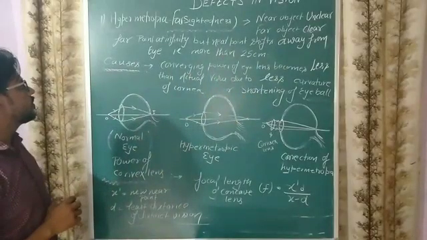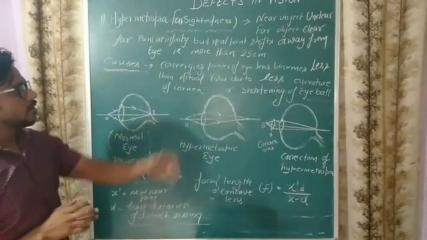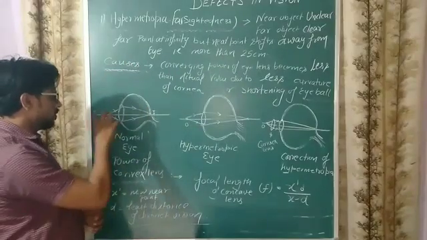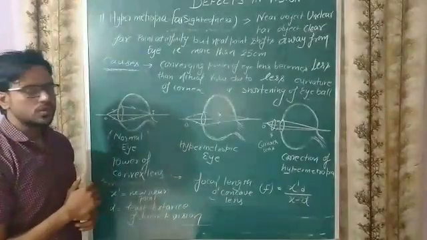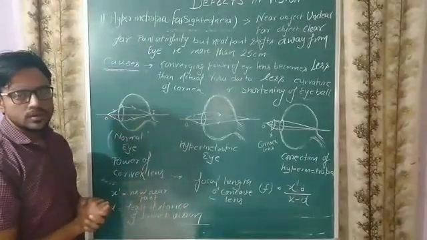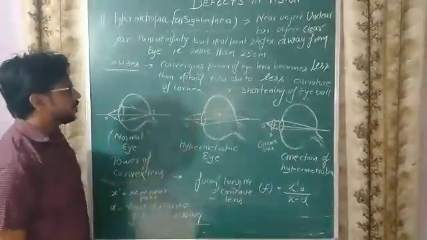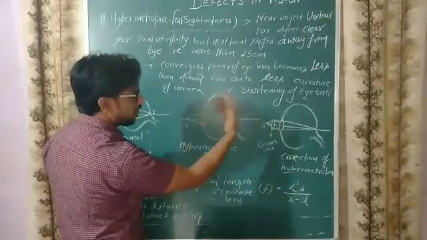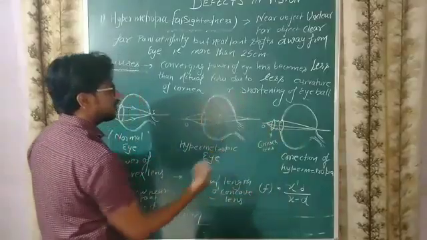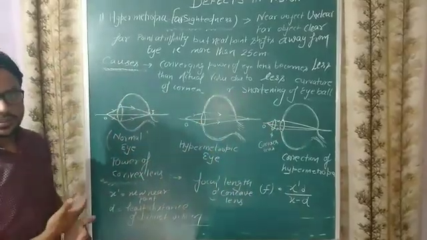What are the causes of this defect? The converging power of the eye lens becomes less. The convex lens of our eye is not able to focus or converge the light at the retina. In a hypermetropic eye, it converges the rays after the retina, behind the retina, so the image is not seen.